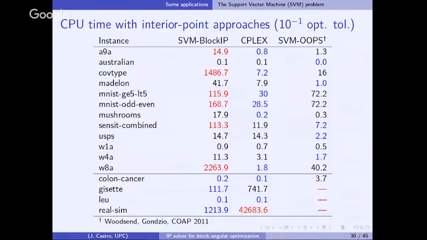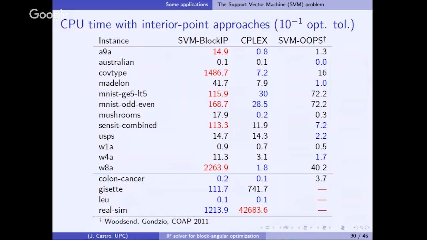With Simplex, I use the same formulation that I'm using here, but not for this one. This is a specialized algorithm for support vector machines. So to this algorithm, I only provide the data of the support vector machine. I don't provide any optimization model. Yes. So you provide Simplex with the block angular formulation? I tried both.